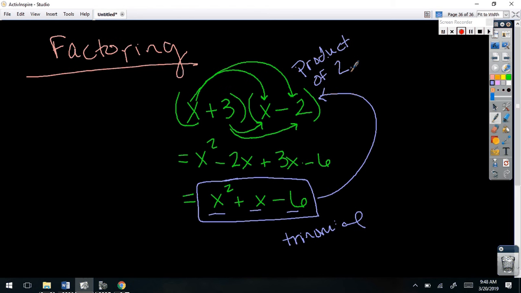The product of 2, what's it called when you have 2 terms? Binomial. So it takes a trinomial and writes it as the product of 2 binomials. That sounds really fancy, but it's just the backwards of what we've already been doing. The question is, how do we do this?